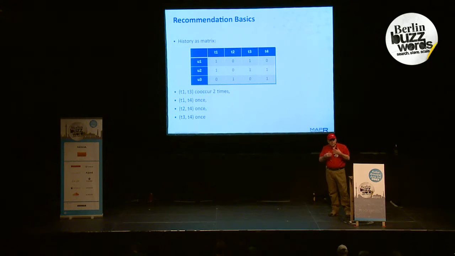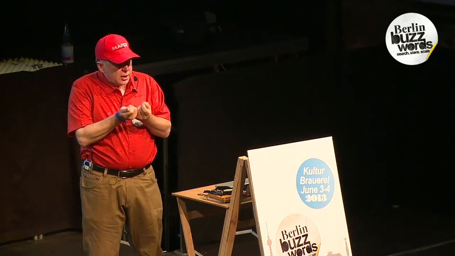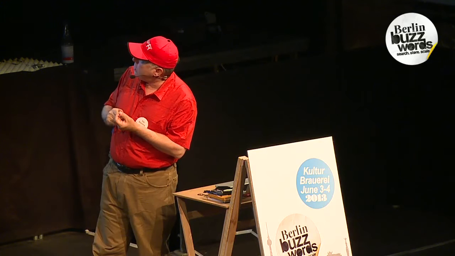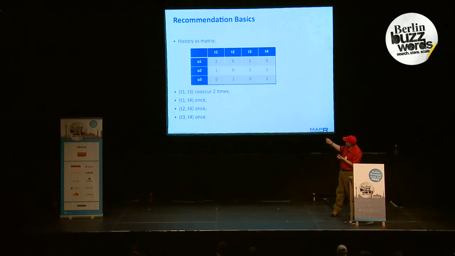The whole idea of cause and effect in recommenders is often backwards anyway. So we don't much care about the time aspect. But we see that T1 and T3 were watched or interacted with by user 1, also by user 2. And so we see 2 co-occurrences of T1 and T3 in these data. T1 and T4 co-occurred once, T2 and T4 once, and T3 and T4 co-occurred in user 2's history.